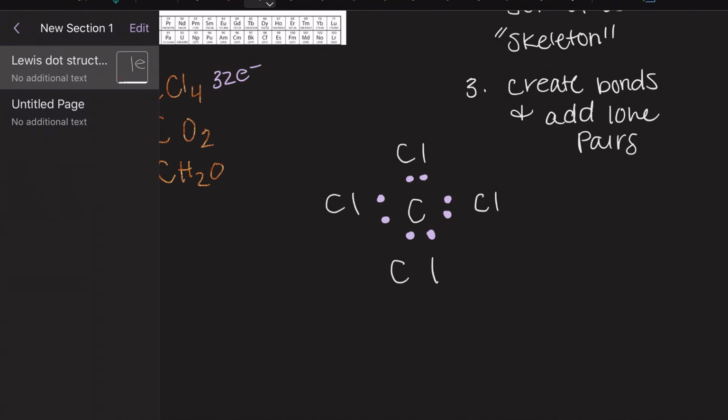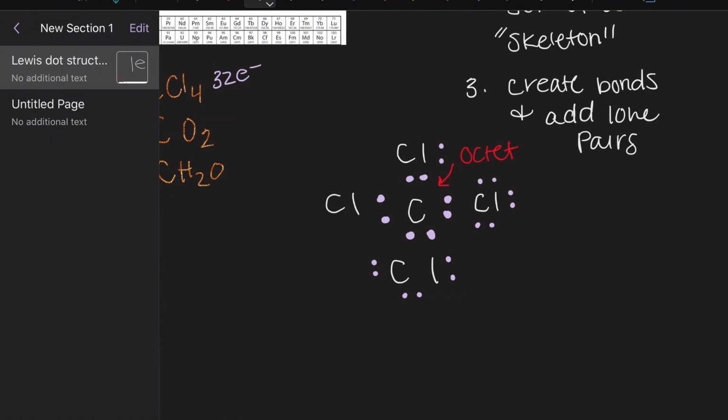And the way we know that we shouldn't add double bonds in this is because of octets. Each element only wants to have 8 electrons. And in this example, carbon has 8 electrons around it right now. So carbon's octet is full, and we can't give it any more bonds. That means that we should put lone pairs on chlorine.